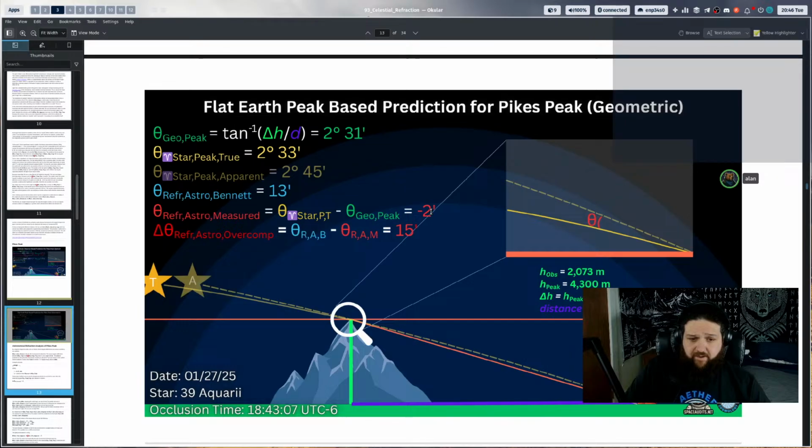So when we compare the intersection that occurred, it would have been minus 2 arc minutes from our prediction, because we predicted lower. It occluded a little higher. So we'll see why that was in a second. And then this gives a difference. When we subtract the -2 from the 13 predicted, we get 15. So we'll see how this affects the measurements now.